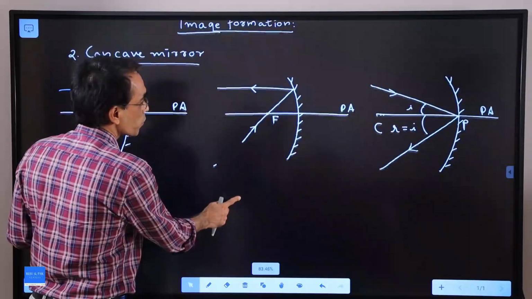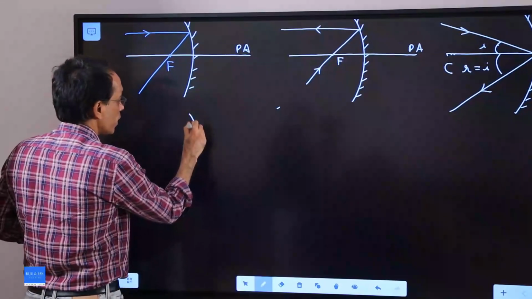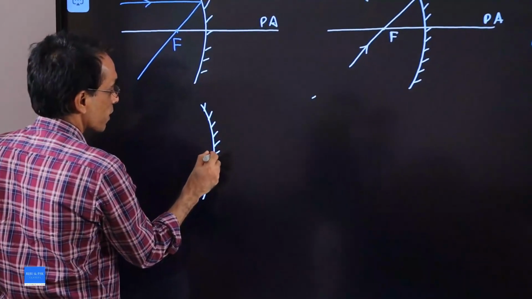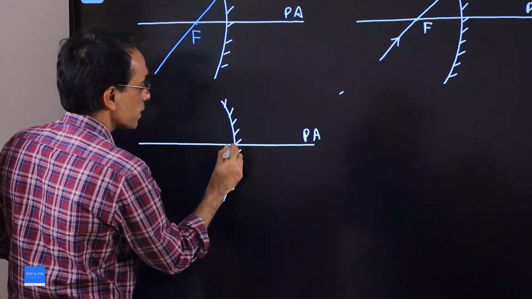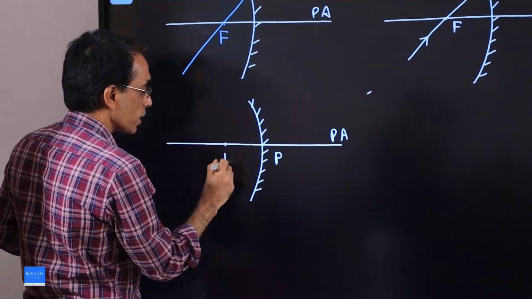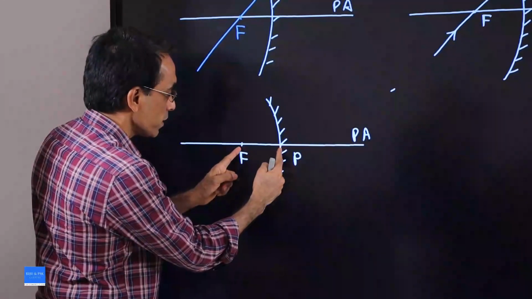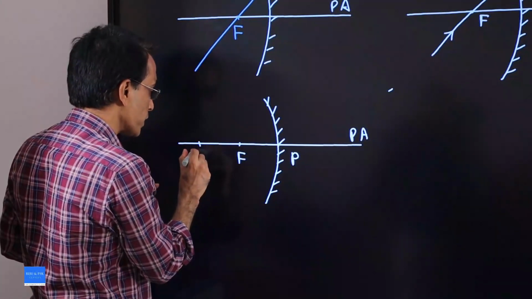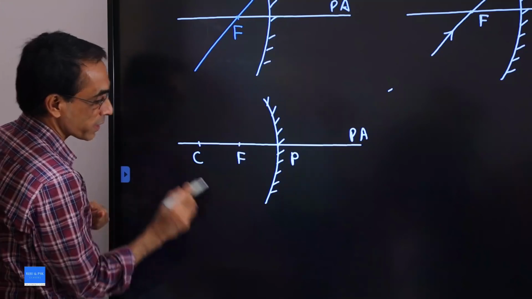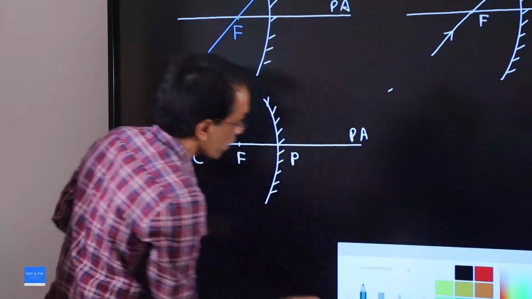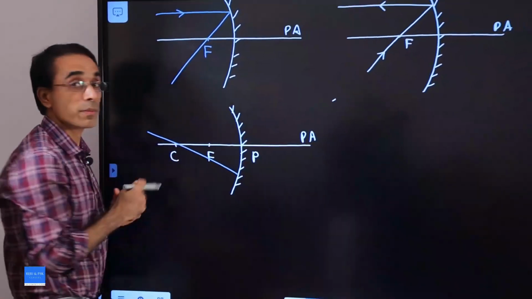I'll add few more. Okay. Now here you have the concave mirror. This is the principal axis. This point is pole. This is focus. Where will you mark center of curvature? We know focal length, double the focal length is center of curvature. So you can mark center of curvature here. Now what will happen if a light ray passes through the center of curvature? Suppose one light ray go through the center of curvature and falls on the mirror.